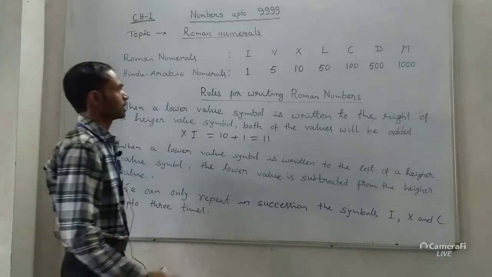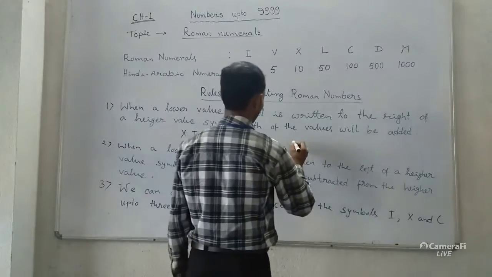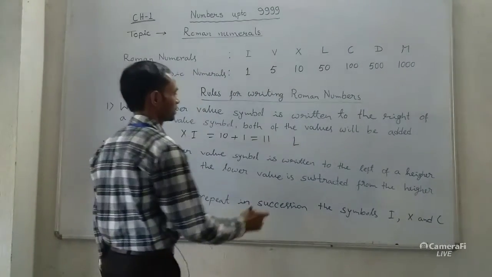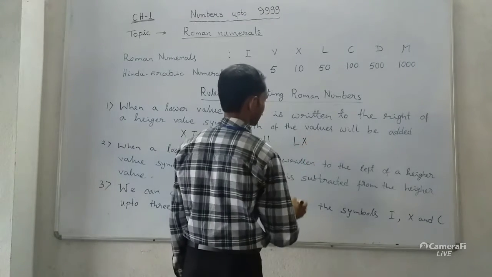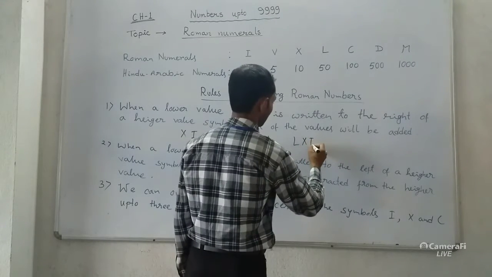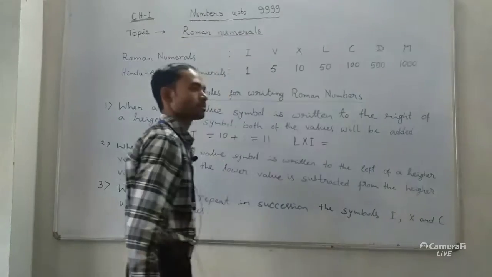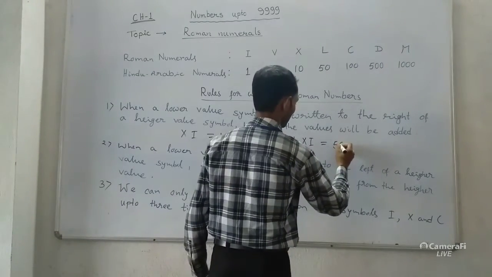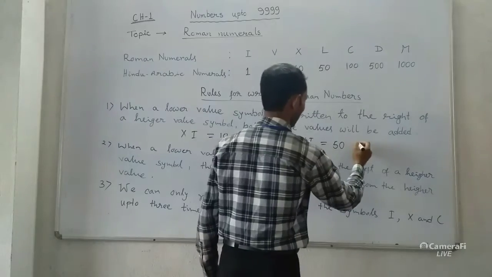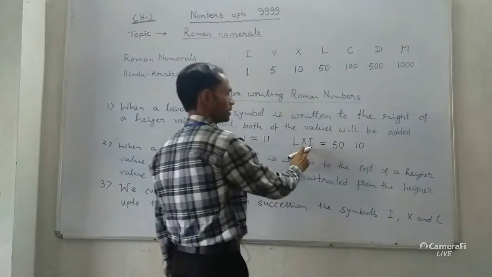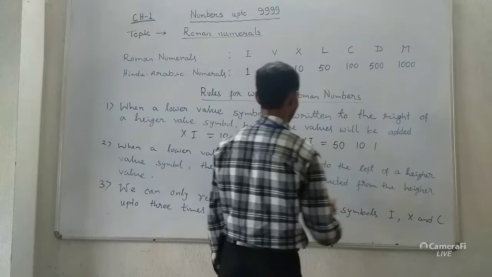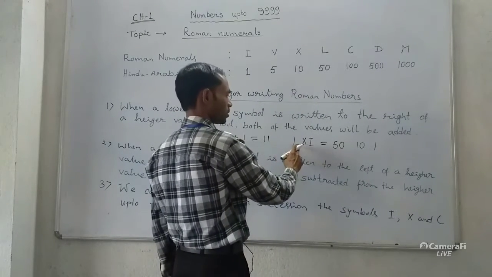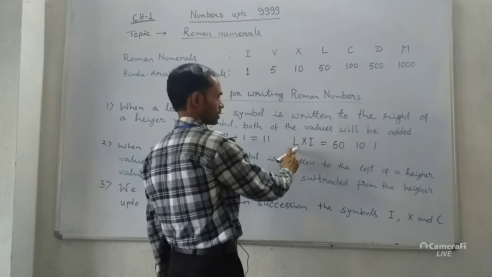In this way, suppose we take L, X and I. L means 50, X here is 10, I is here 1. L is 50 and X is 10, and 10 is on the right side of 50.